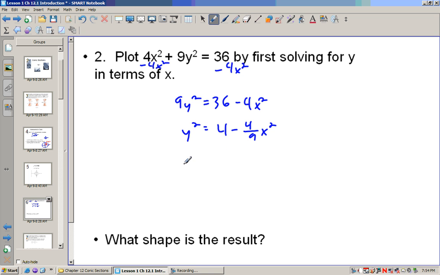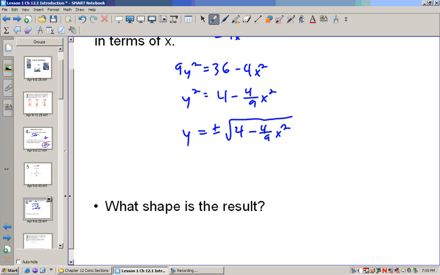If we square root each side, we get y equals plus or minus the square root of 4 minus 4 ninths x squared. On your calculator, type the top one in for the positive part as y1, and for y2 you type in the negative, the same square root of 4 minus 4 ninths x squared. Now plot this on your calculator, pause the video. Hopefully you saw that the result would be an ellipse.